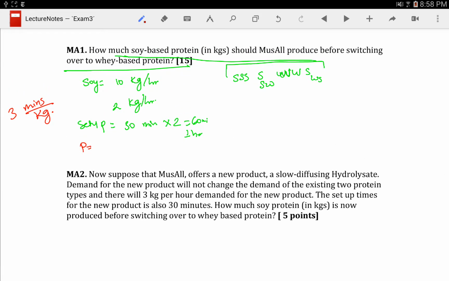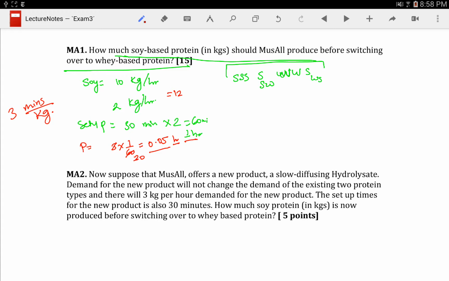Remember we are working in terms of hours here. The demand is altogether 12, and the setup is 1 hour. 3 times 1 over 60 comes out to be 0.05 hour. The processing time is 0.05 hour per kg.